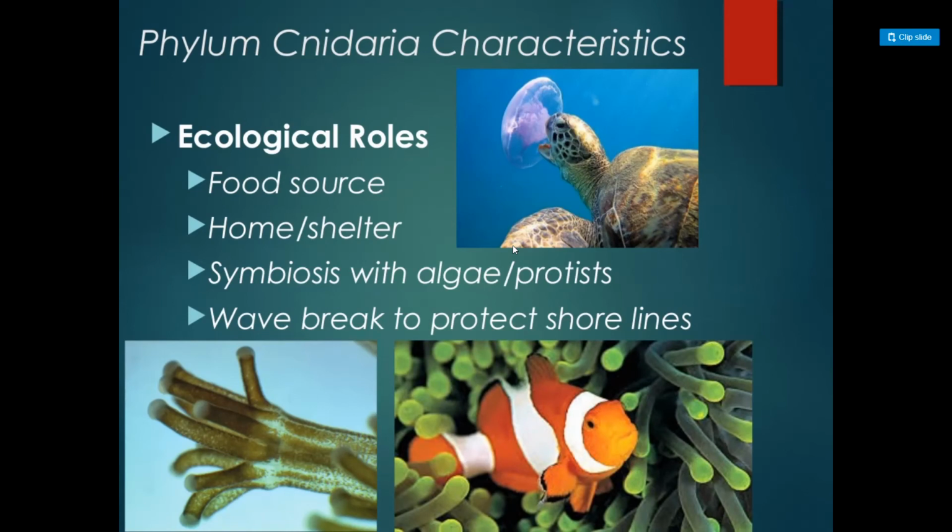So, phylum Cnidaria characteristics, you have ecological roles. Sea turtles and some other things eat jellyfish for food. They provide home and shelter to Nemo. They are in symbiosis with algae and protists. And they provide wave breaks to protect shorelines, which I think we might see in this one.